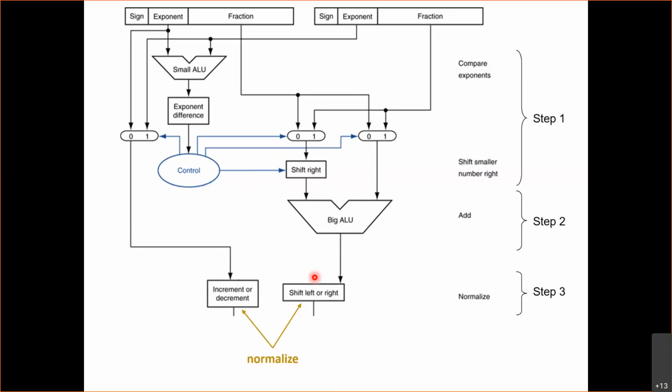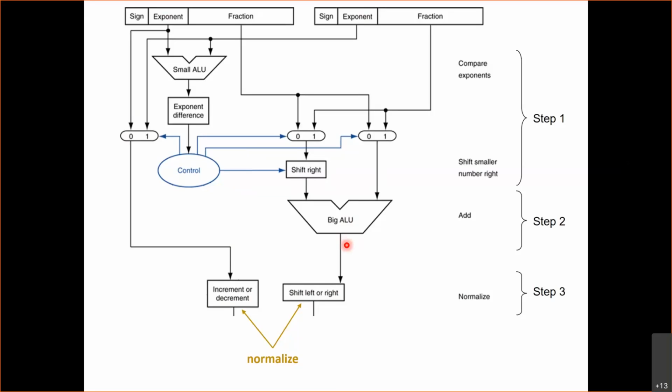Now how do I know if I need to normalize, and how do I know whether I should shift left or shift right, and whether I should increment or decrement? What do I look at? Right, if we have overflow in the addition, that means my number is too large, and I need to normalize by shifting left. Or if my number is too small, so I have a whole bunch of zeros in the uppermost bits, then I need to normalize in the other direction.